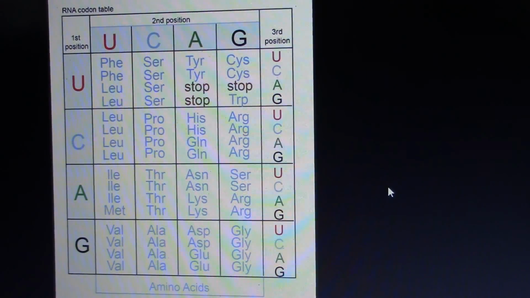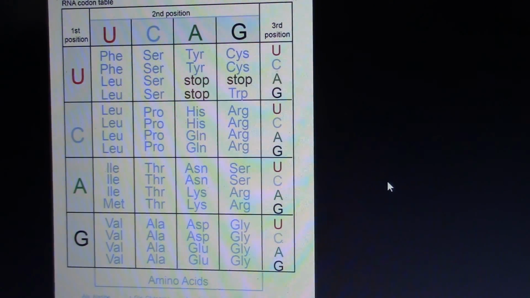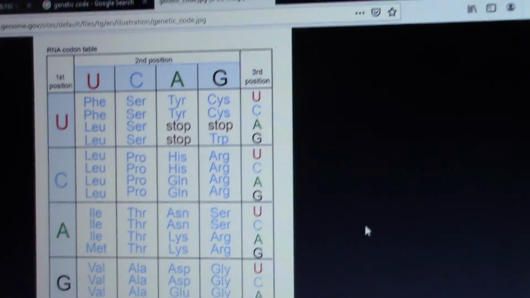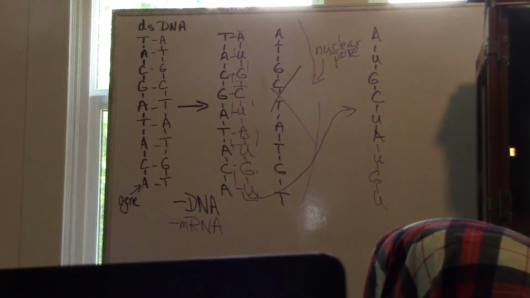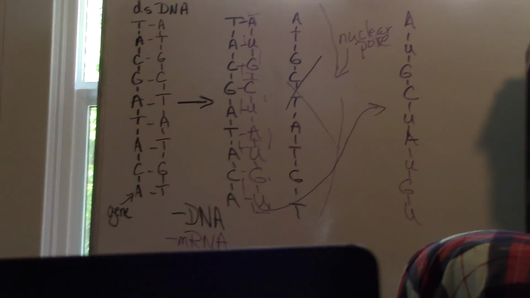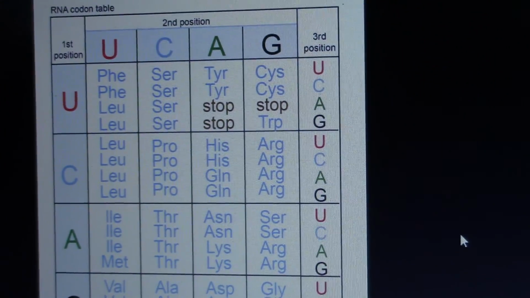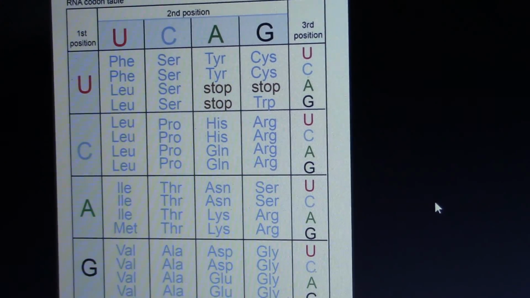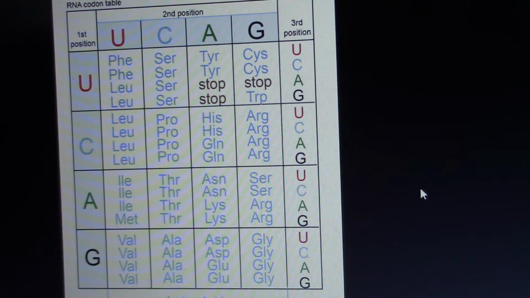So this is how some mutations are silent. Because if it was a switch from CUA to CUC, it'd still be leucine. The protein would not have changed. It'd be like using a different brand of a particular ingredient, but it's still that ingredient.